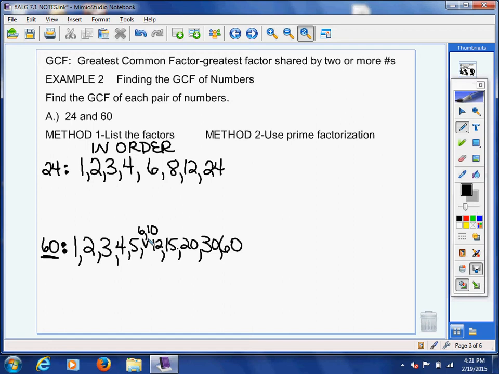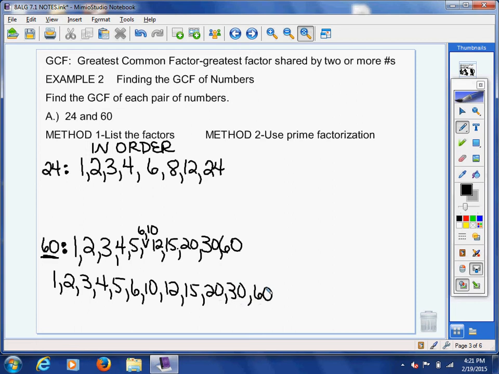So I just ran out a little bit of room here, but if I write it out a little bit neater, 1, 2, 3, 4, 5, 6, and then I bump to 10, 12, 15, 20, 30, and 60. So that, if I write it out in a straight line without any interruptions, those are my numbers. Now what I do is I start at the highest end and I work my way down until I see a common number.